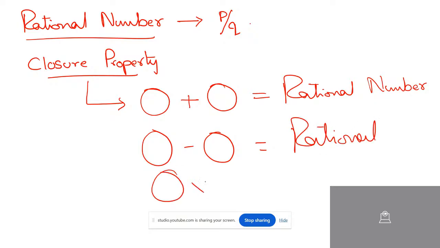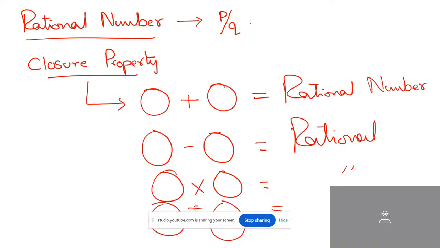In the same way, when we multiply two rational numbers, the result should be a rational number. And when you divide two rational numbers, the result should be a rational number. This is the closure property of rational numbers. Understood, my dear students?